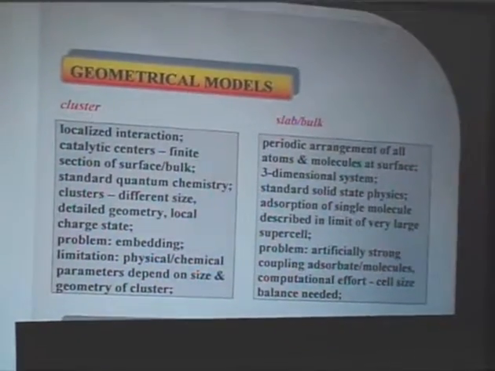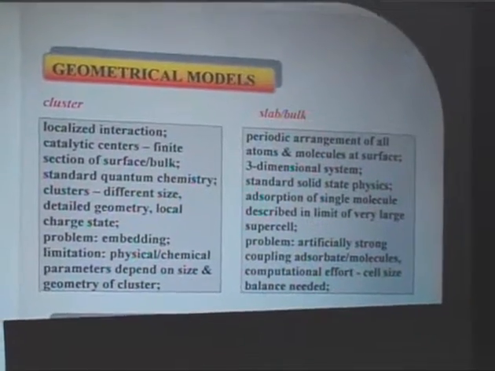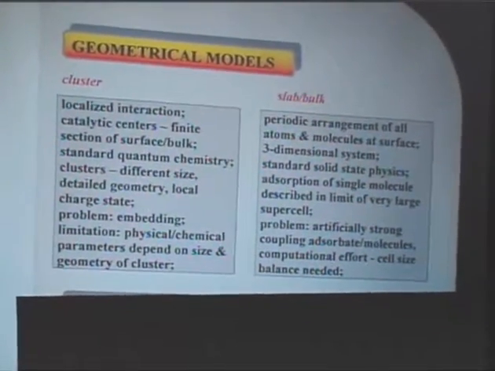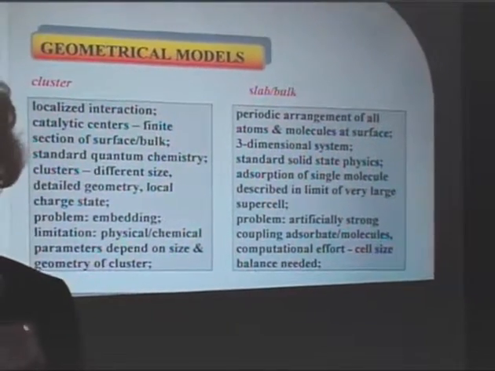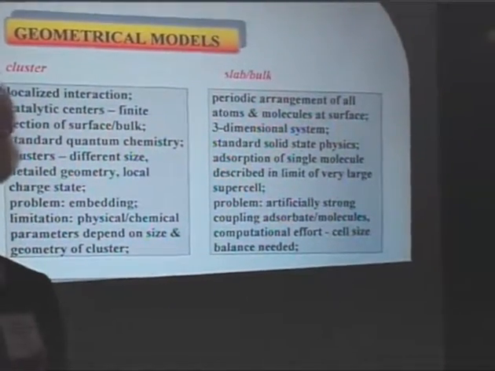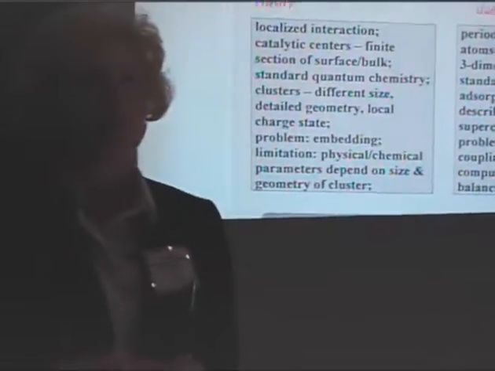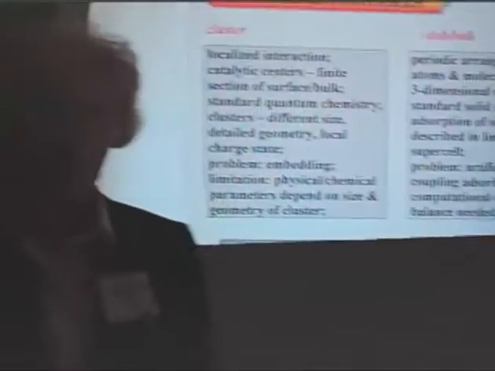That means that we can cut out from the surface some portion, or some portion of the bulk, and treat it as a molecule, a fictitious molecule. We can also add to this molecule adsorbate species like a ligand, and such fictitious molecules, with or without boundary conditions, can be treated by the standard quantum chemical methods.